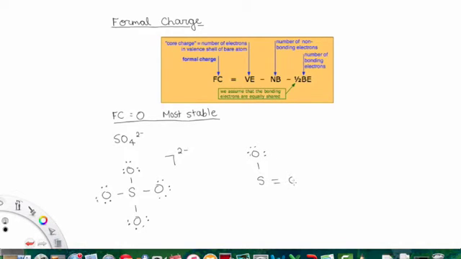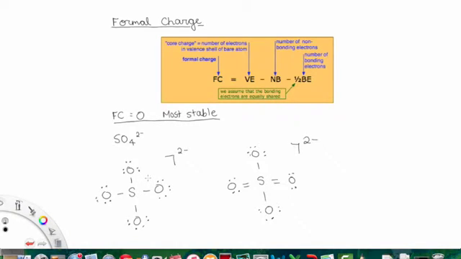We have double bond oxygen, double bond oxygen, and a single bonded oxygen. So a question could ask you, which is the more stable structure, since both of these have the charge of 2 minus, but one of them has 2 double bonds, the other has all single bonds.